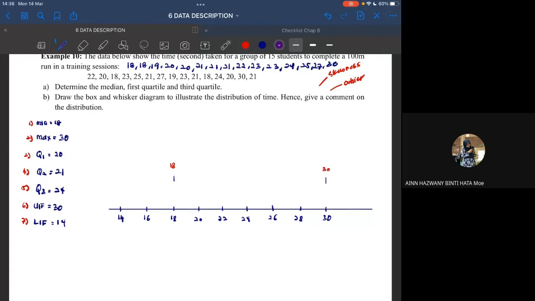Okay, Q1, Q2, Q3. Q1 20, Q2 21, Q3 24. 21 tengah-tengah ni.